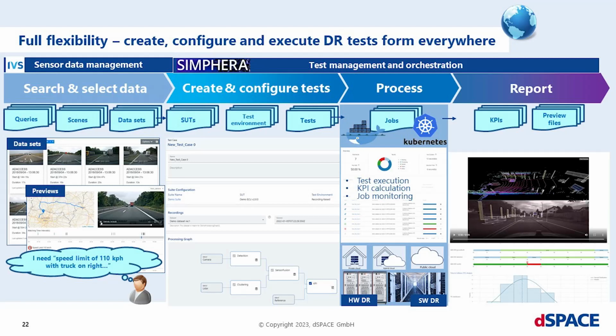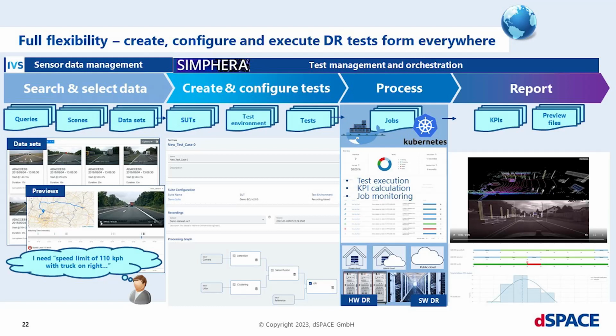First of all, he needs to find suitable recordings for his tests by using queries in IVS. Based on those queries, IVS lists all preview recordings that match the criteria to help select the right scenes and combine them to datasets. Once the required datasets are selected, the test manager can start creating test suites in Synfera.